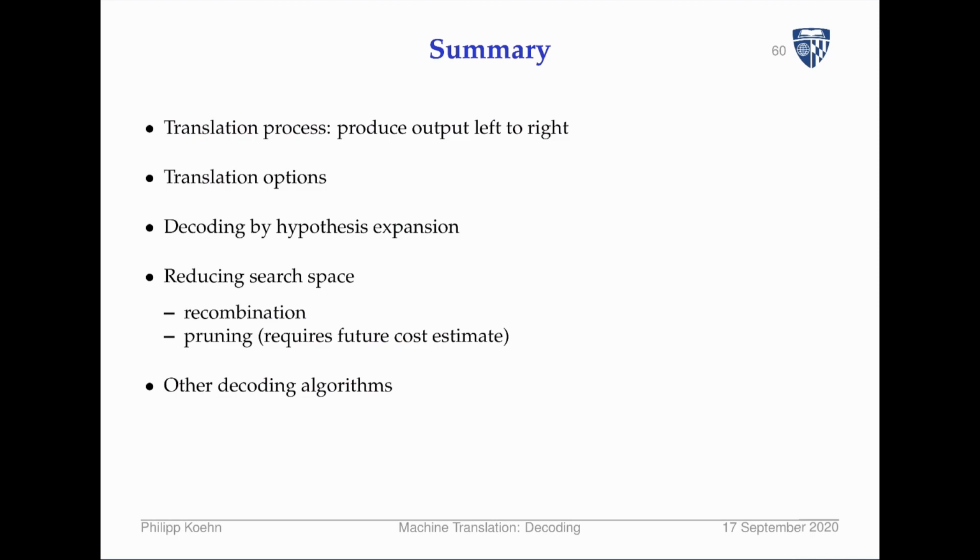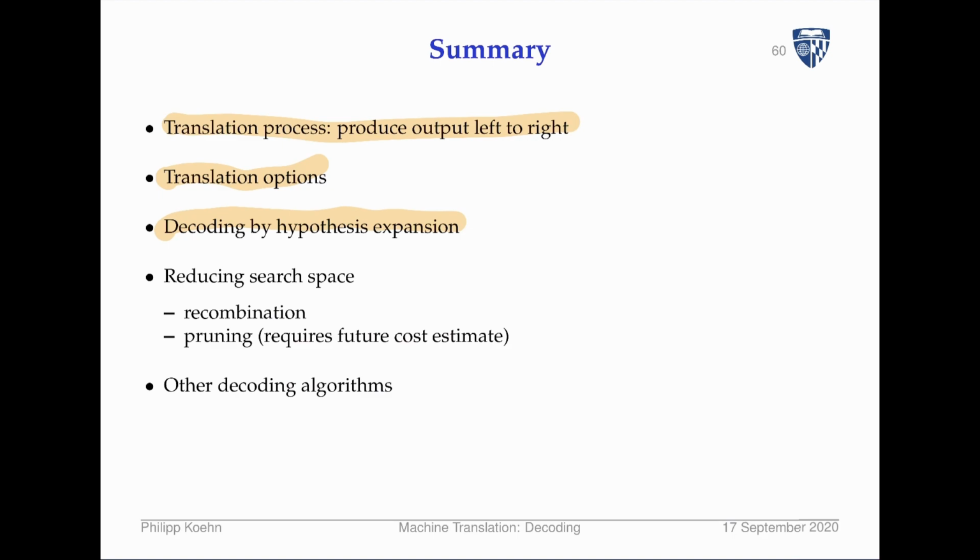Okay, so here's a summary. The way we first looked at translation is that we translate sentences left to right, and that informed our decoding algorithm. The decoding algorithm is set up so that we have to choose among translation options of translating source phrases. Then decoding happens by a data structure we call hypothesis that we expand by taking a hypothesis, combining it with the translation option, and getting a new hypothesis.